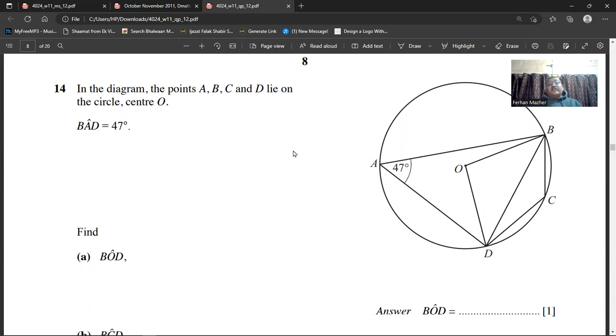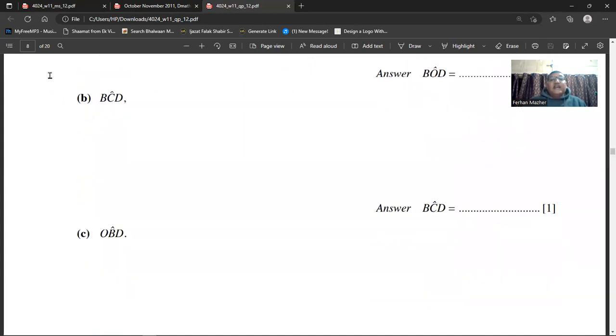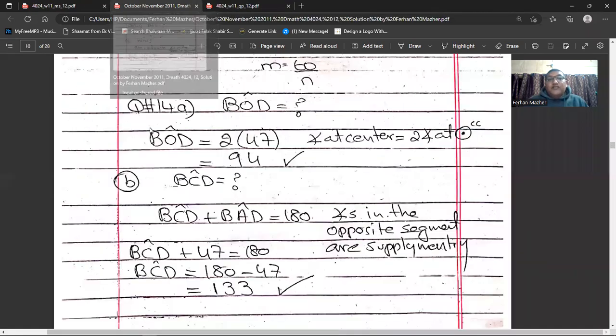So such a quadrilateral is called a cyclic quadrilateral, and the sum of the opposite internal angles of a cyclic quadrilateral is 180. So we call this property, we say properly, that the angles in the opposite segment are supplementary. So the BCD and the 47, their sum will be 180.